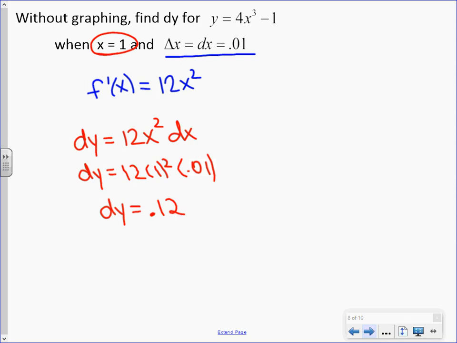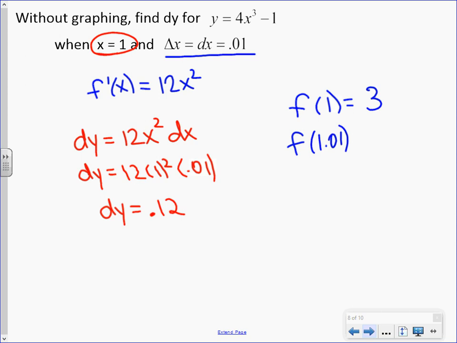Now, what does this mean? Along the tangent line, from 1 to 1.01, there is a change in y of 0.12. Okay, so let's process that. If I were to plug in 1 into our function, what would we get? We would get 3. So since our change in x is a positive 0.01, we are approximating 1.01.